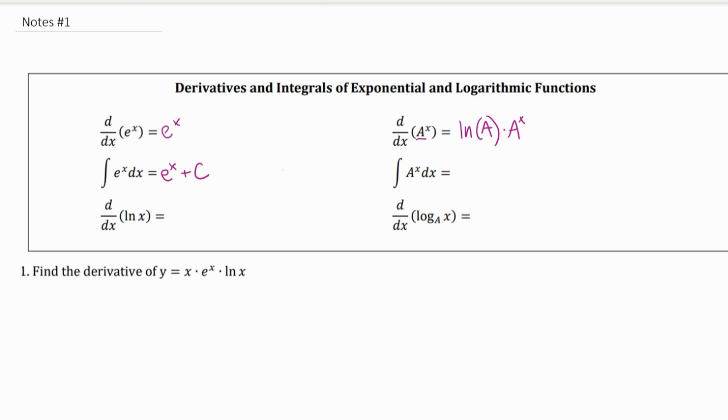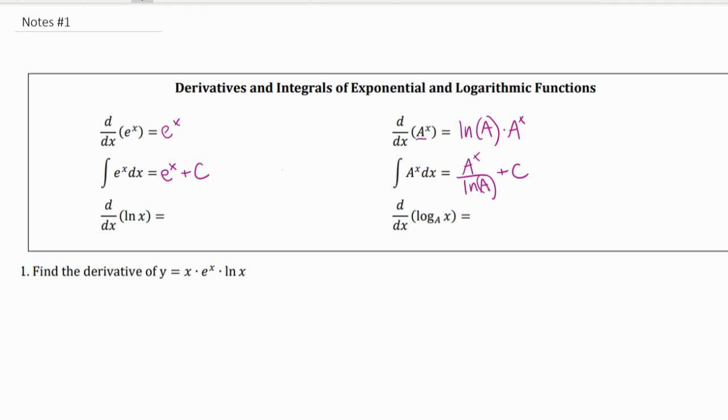So technically they're both ln base times a to the x, but e to the x is a special case. And then the antiderivative is going to be a to the x divided by ln a plus c. So I'm listing the integrals here, but really you should be able to find the antiderivative by just working backwards. Instead of multiplying by ln a, we're dividing by ln a.